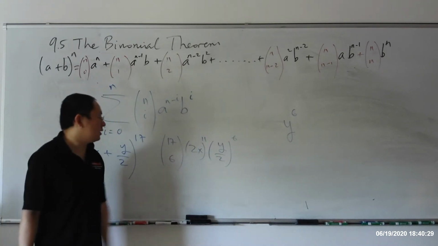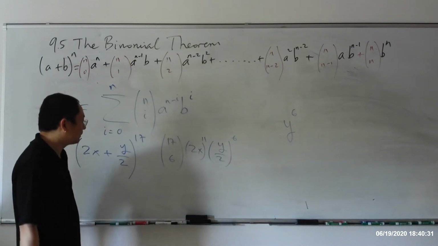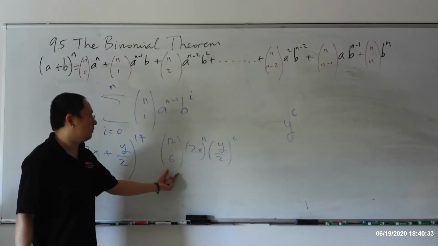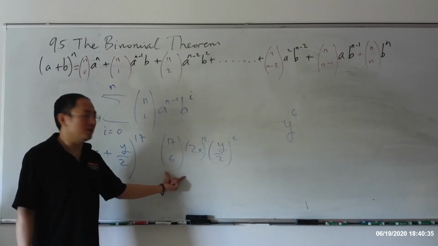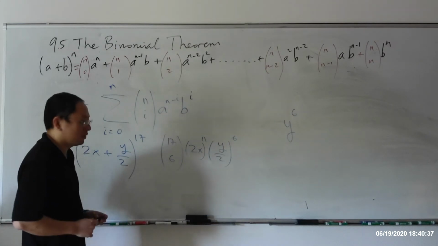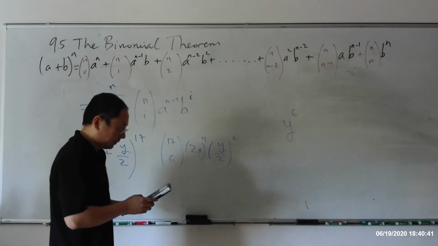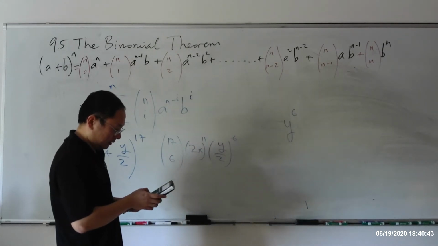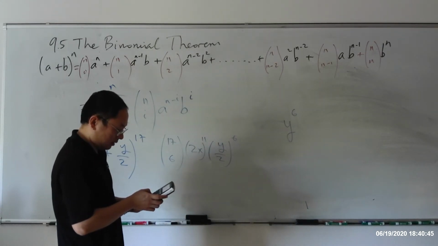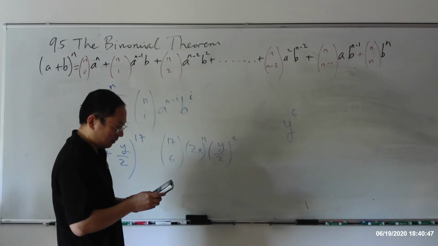Now you calculate this number. Okay? This is kind of big, so let me cheat a little. Let me use a calculator to calculate 17 choose 6. I'm using a TI-84, so look it up. Go to math, I think, probability, and then nCr.